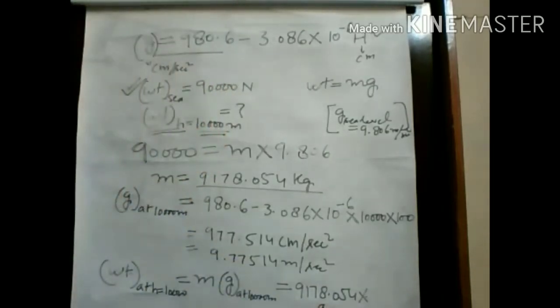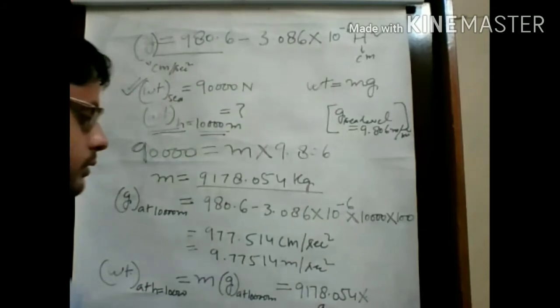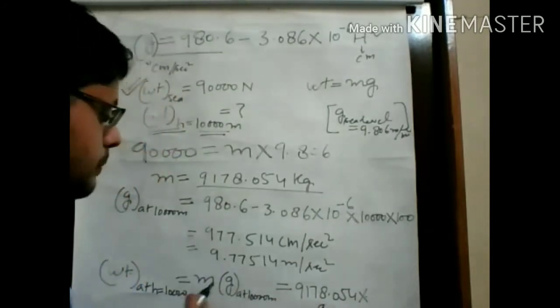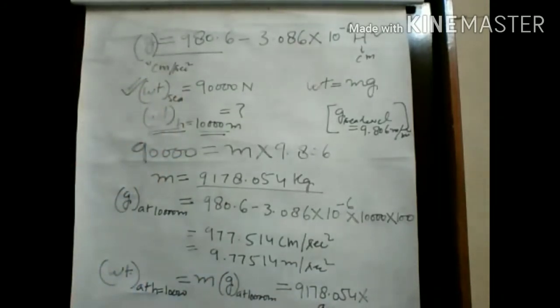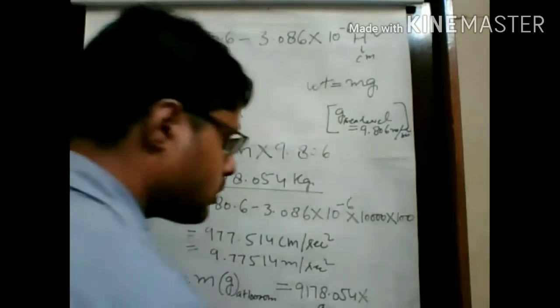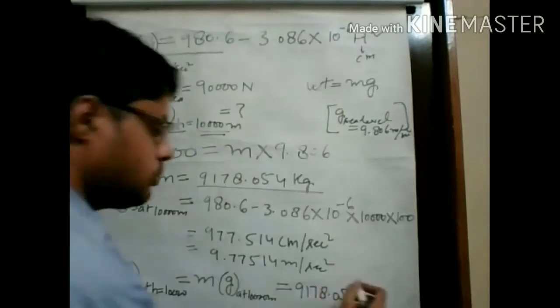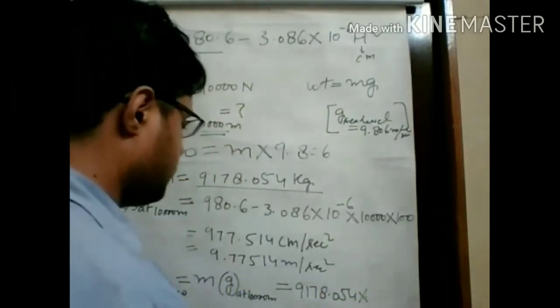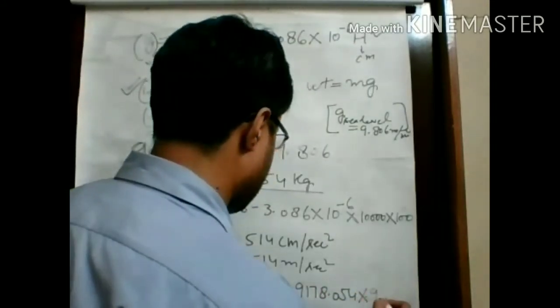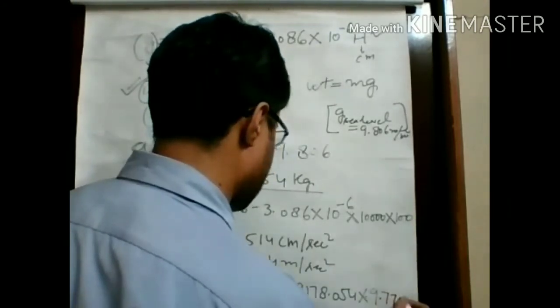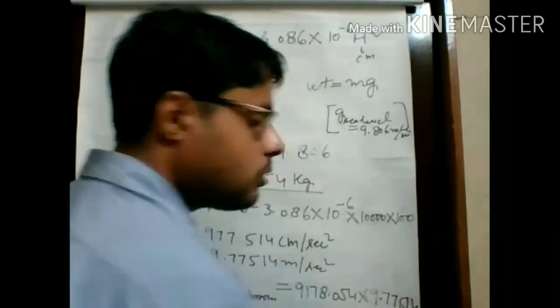So this is mass multiplied by g. I write this g value here, 9.77514.